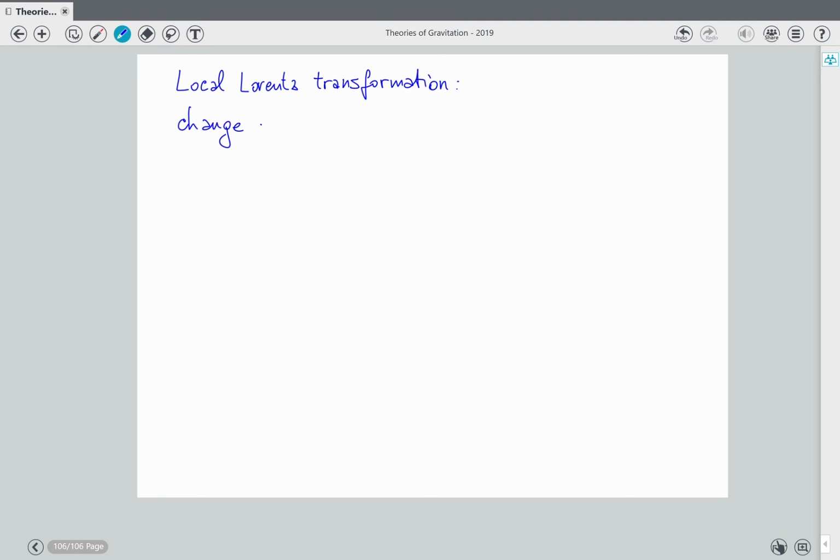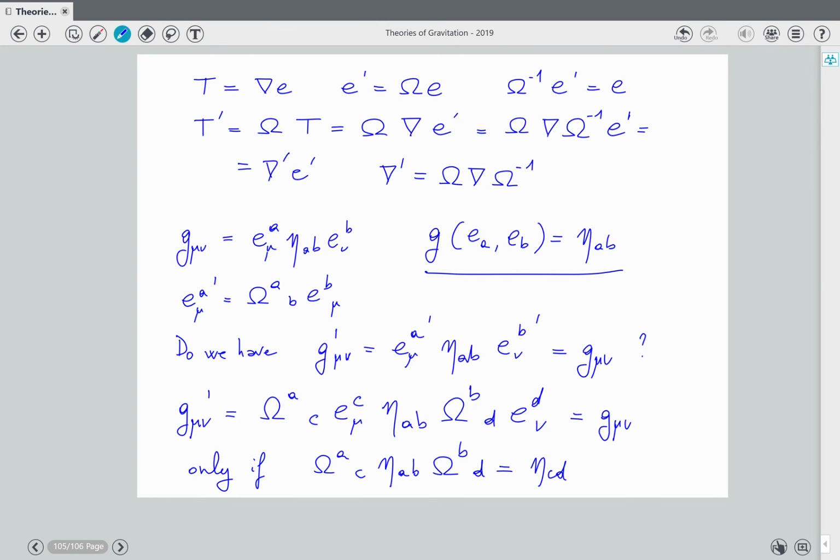And for that, we will use lambda instead of omega. And let me emphasize that it is a local Lorentz transformation because precisely like omega, it can depend on x, but it is not a matrix of the general linear group.